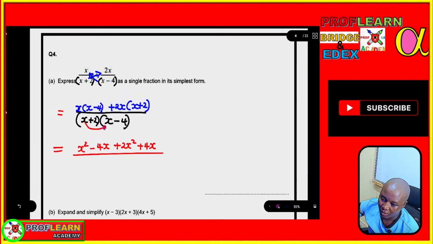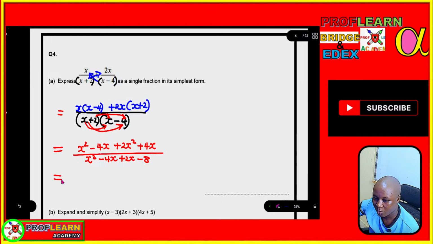If we multiply this one, we're going to get x squared. You multiply it here, you shall get minus 4x. Multiply 2 to this, we're going to get plus 2x. And multiplying these two here, we are going to get minus 8.